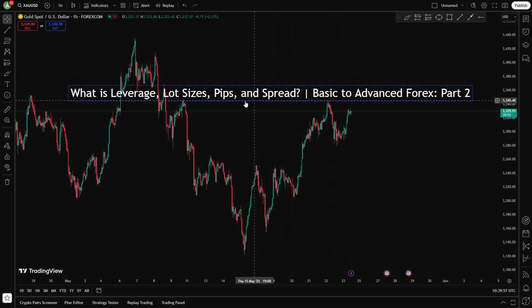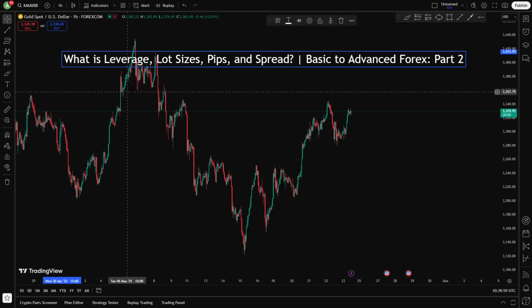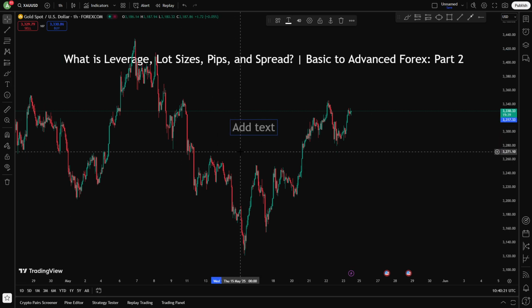So what exactly is leverage? It's probably the most misunderstood tool in Forex. Leverage allows you to control a larger position size with a relatively small amount of your own capital. It is like a loan from your broker, for example. Let's say that your leverage is 1 to 100, okay?